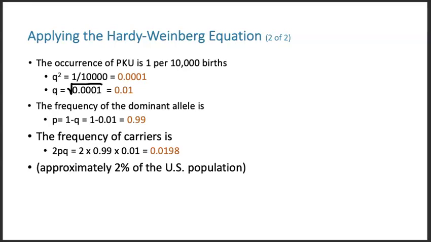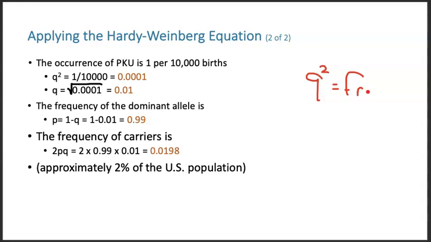But we can actually calculate all of the parts of the Hardy-Weinberg equation just by knowing how frequent the homozygous recessive individuals are. Remember that q squared is defined as the frequency of the homozygous recessive.